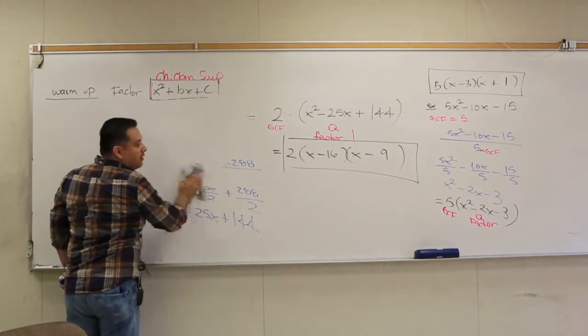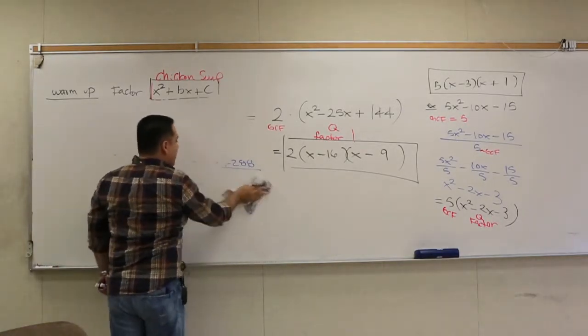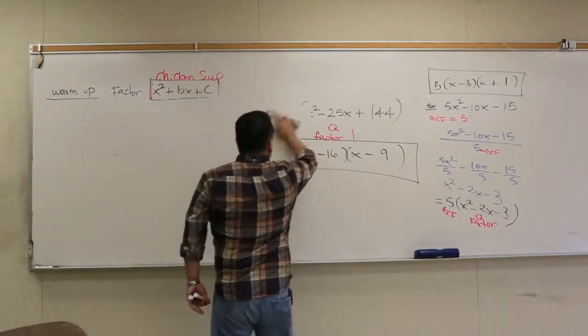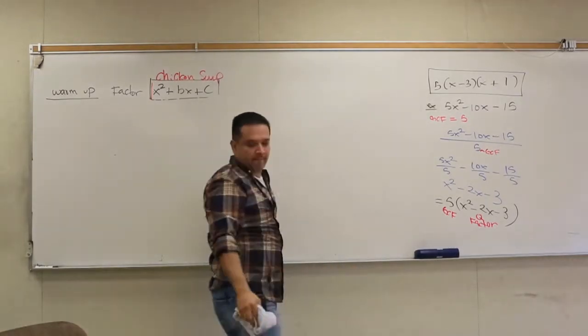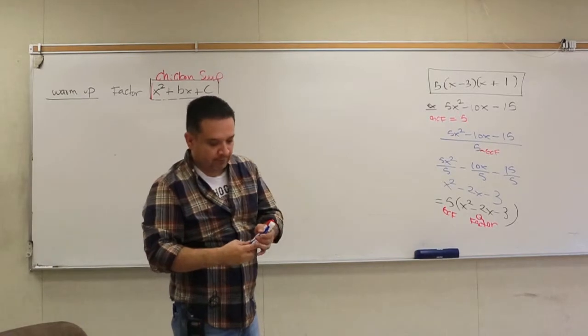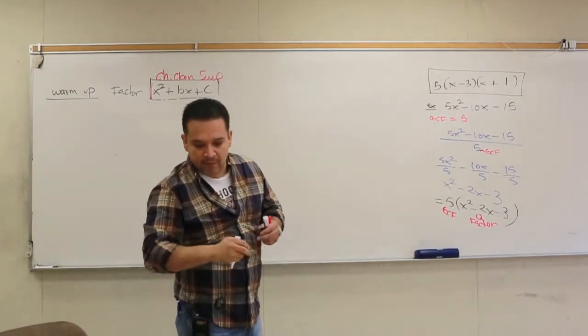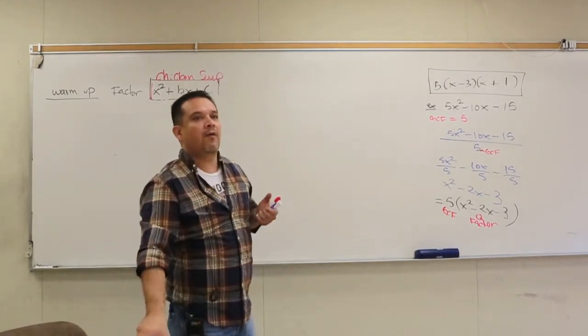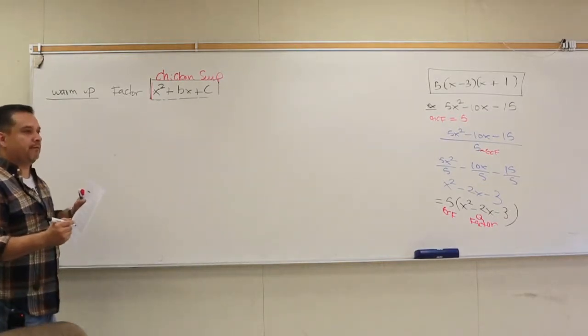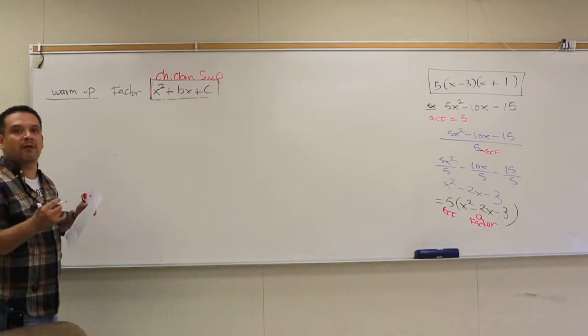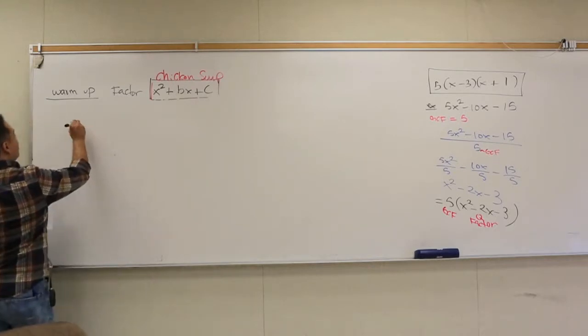Isn't that a little exotic here for you? Yeah, let's see. Okay, you guys okay with this? Anybody have any questions on that one? No? Here we go. Let's do some more.